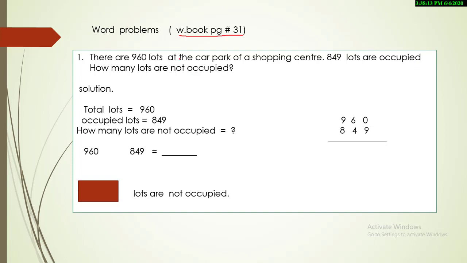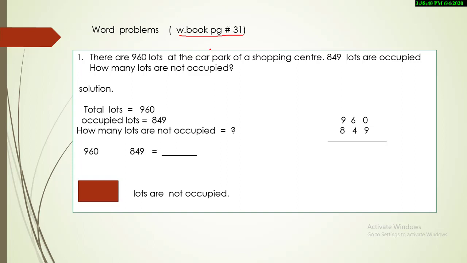Okay, first of all, in this word problem they used a bit different word for you, and that is lots at the car park. Its basic meaning is that whenever you go for shopping, there is a car parking in every shopping area. They properly design the area for all of you, so that a certain number of cars can be parked in that area.